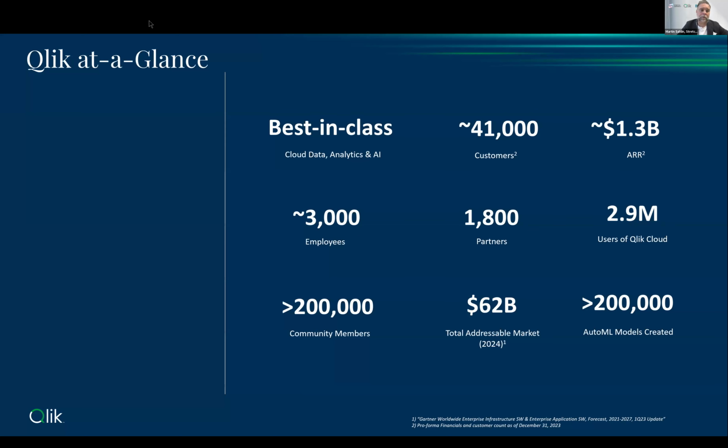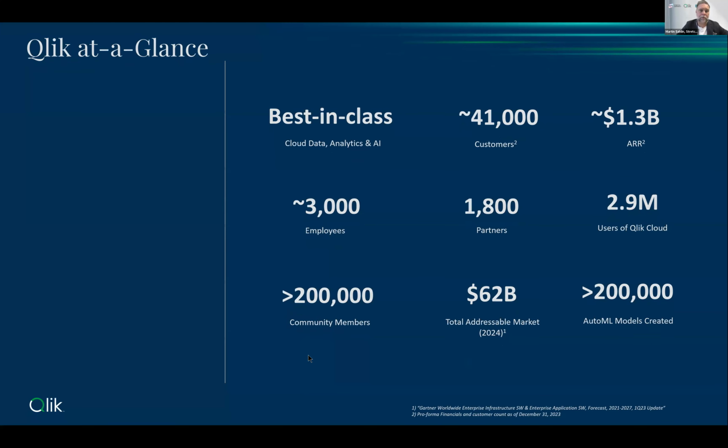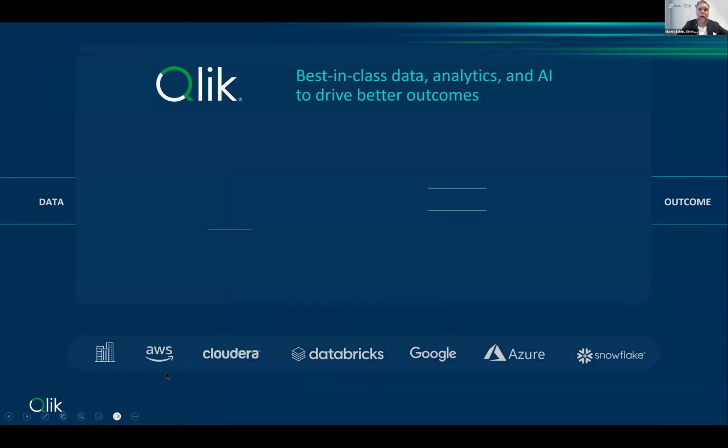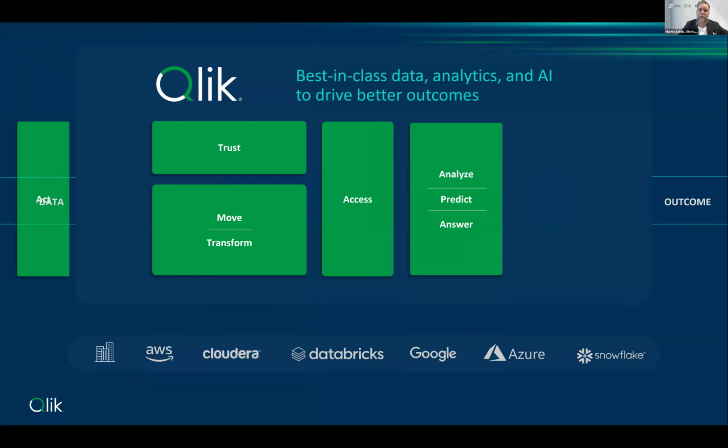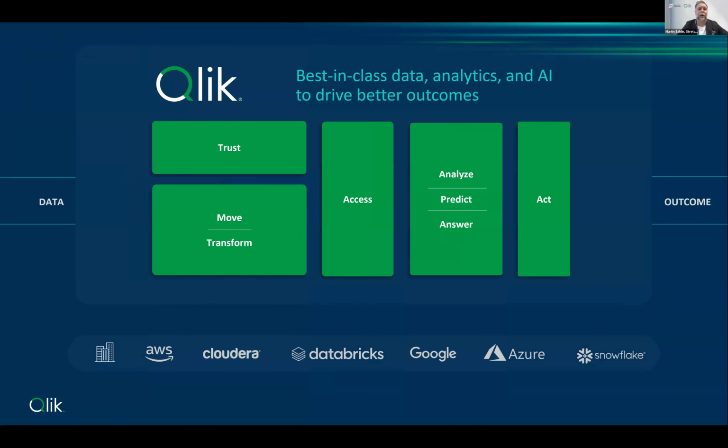And if we look at how Qlik explains what they do and who they are, which is also how we at Stretch Qonnect define what we're doing: we help customers and companies from data to outcome. How do we do that?